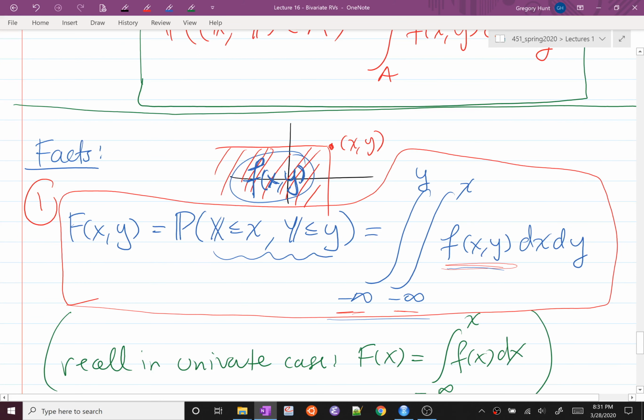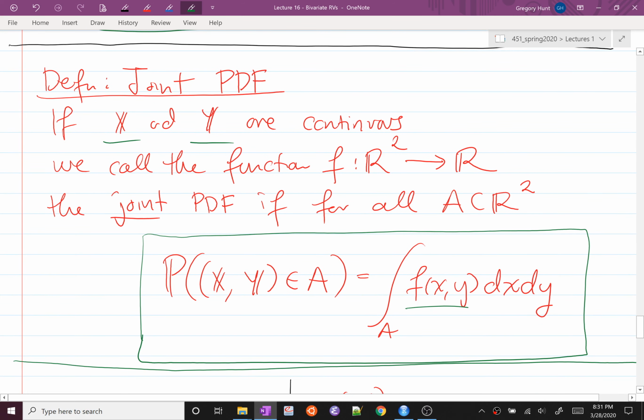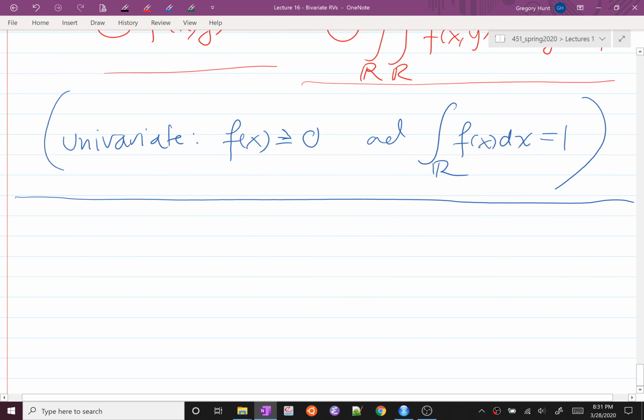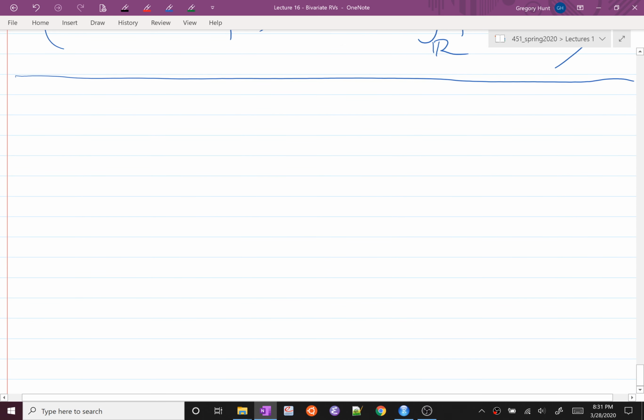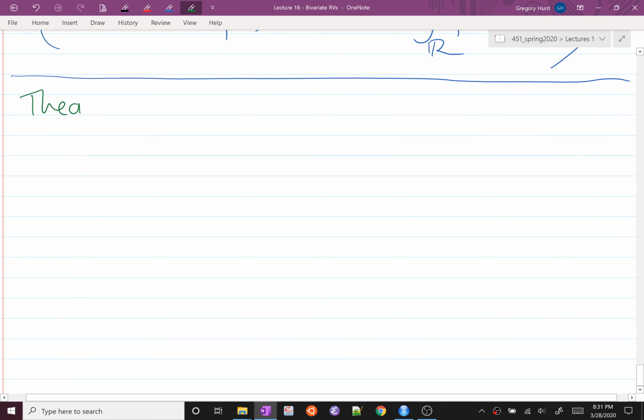Remember, we have x and y, they're both continuous, so jointly they're continuous. We can define a bivariate PDF, but they also have marginal PDFs, just x and y individually. Let's write this down as a theorem.